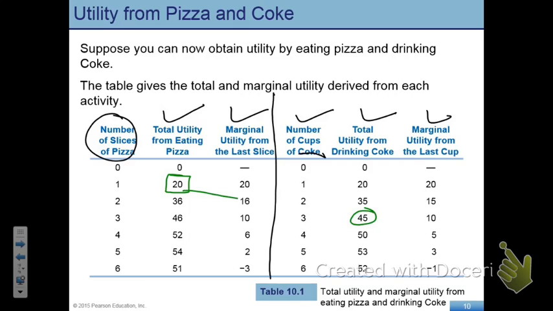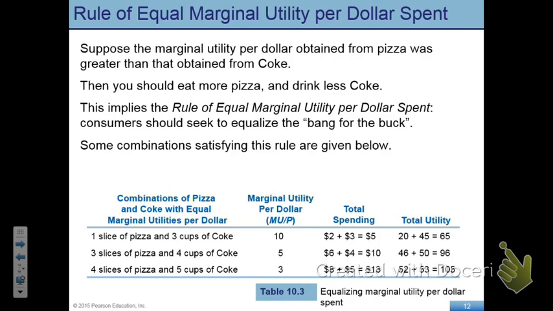So the total utility from buying these two is 65. Do you all see that? The total utility associated with the second bundle is 96. The total utility associated with the third bundle is 105.